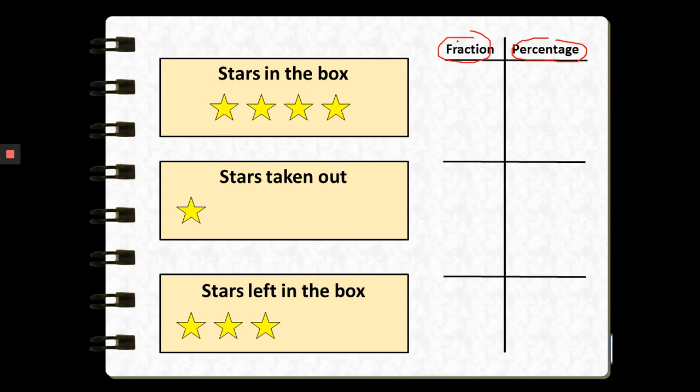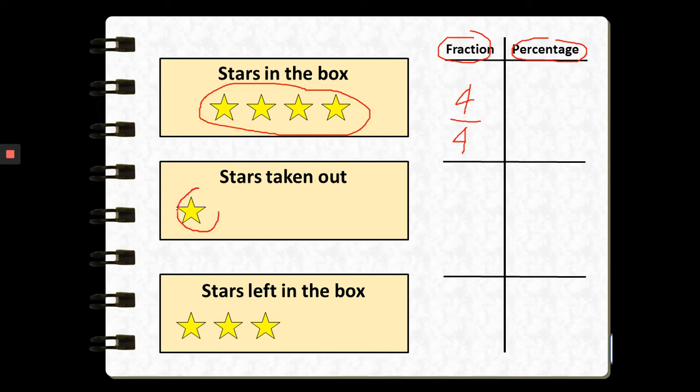All right, so we'll start with fraction first. What is the fraction of 4 stars out of 4 stars? Of course, 4 stars out of 4 stars, because this is the total number of stars that was in the box.